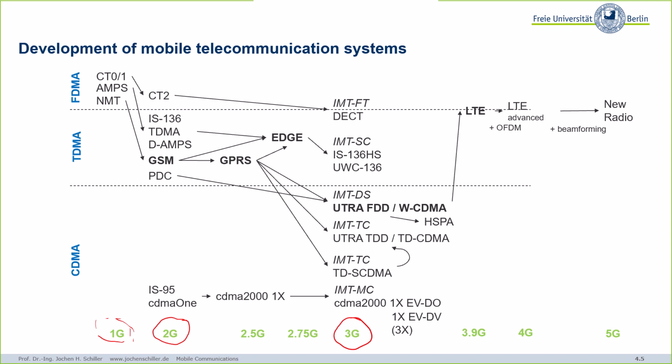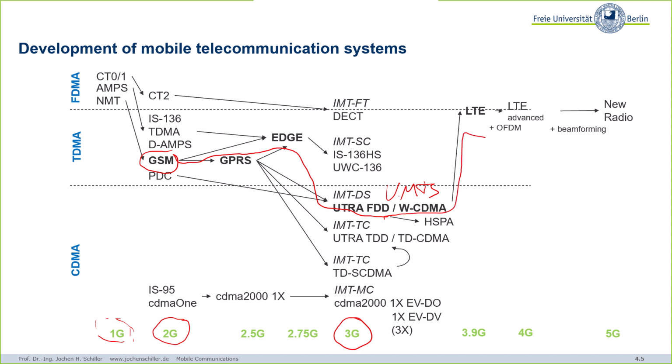We follow in this lecture roughly this path starting with GSM, GPRS, Edge, then UMTS, or in Japan it was called FOMA, then going to LTE.